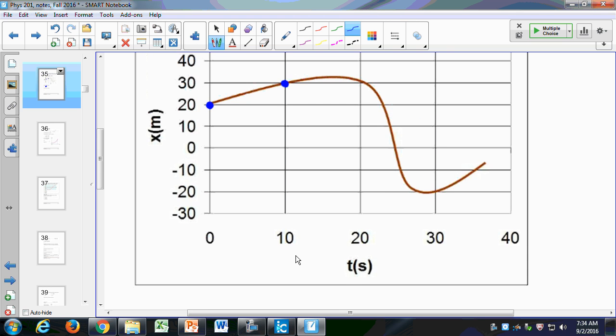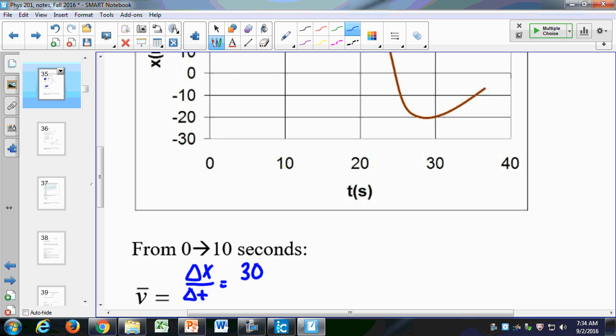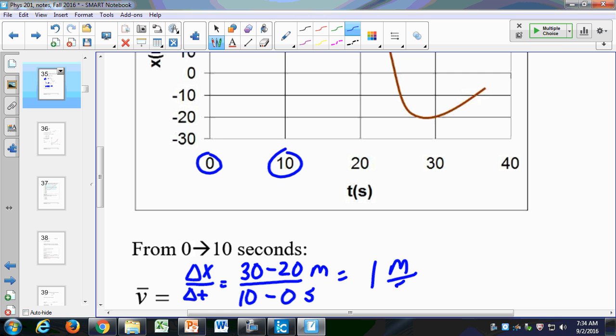My x final is 30, x initial is 20. So in the numerator, I'm going to have 30 minus 20. And in the denominator, I'm going to have my t final, which is 10 seconds, minus my t initial, 0. This is in meters, this is in seconds. So this works out to be 10 over 10, or 1 meter per second. That is my average velocity.